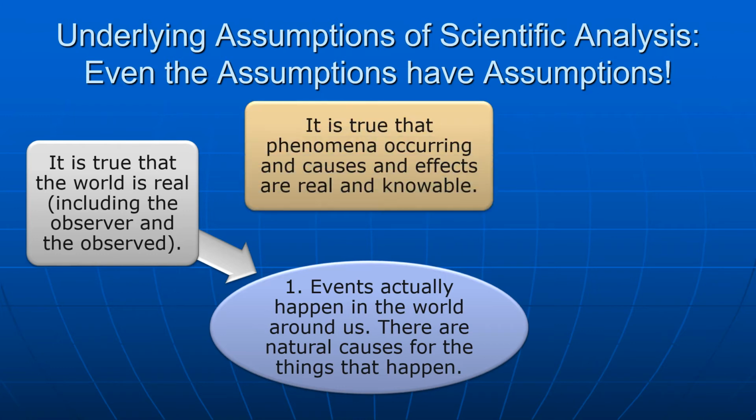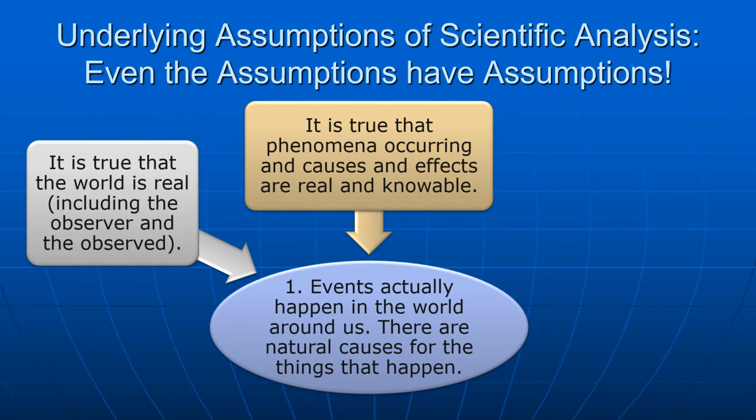The second underlying assumption is that it's true that the phenomena that occur have causes and effects, and that we can know what they are. So the first assumption is there are natural causes for the things that happen, and underneath that is that it's true that there are causes and effects, right?